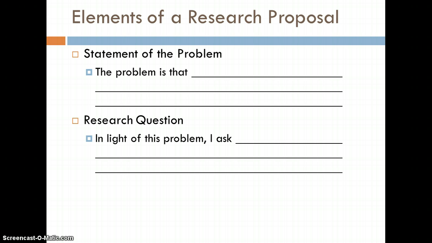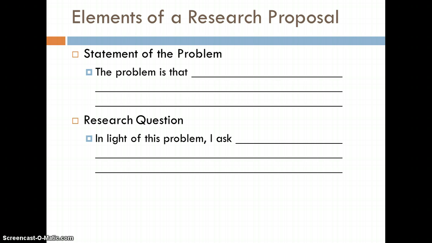Well, I could revise that by taking a look at some of the previous literature that has shown quite clearly that girls outperform boys by a significant amount on math and science achievement tests in Saudi Arabia at the 8th grade level. And I could say, in light of this problem, I ask, why do girls outperform boys in Saudi Arabia?